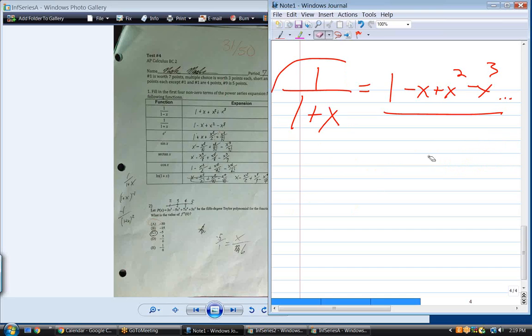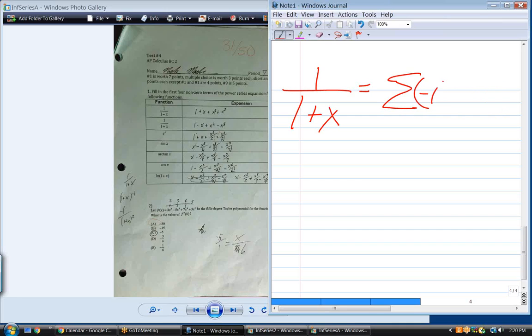So in this series, if I say that 1 over 1 plus x is equal to this, that's true, right?